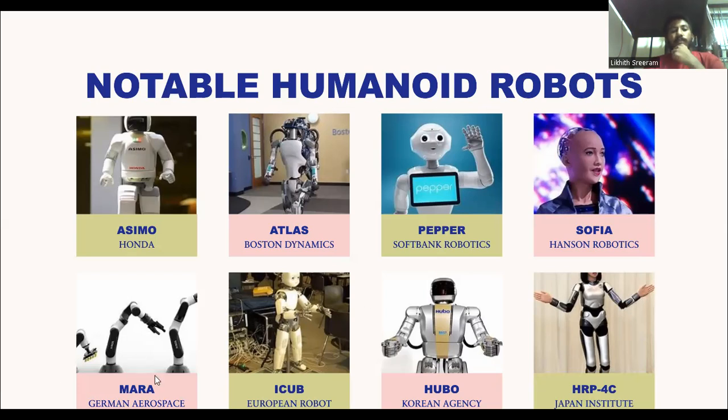Mara, developed by the German Aerospace Center, also depends on low-level control, like picking up and dropping objects using the robotic arm. iCub, developed by a European robotics agency. HRP-4C, developed at a Japanese institute.